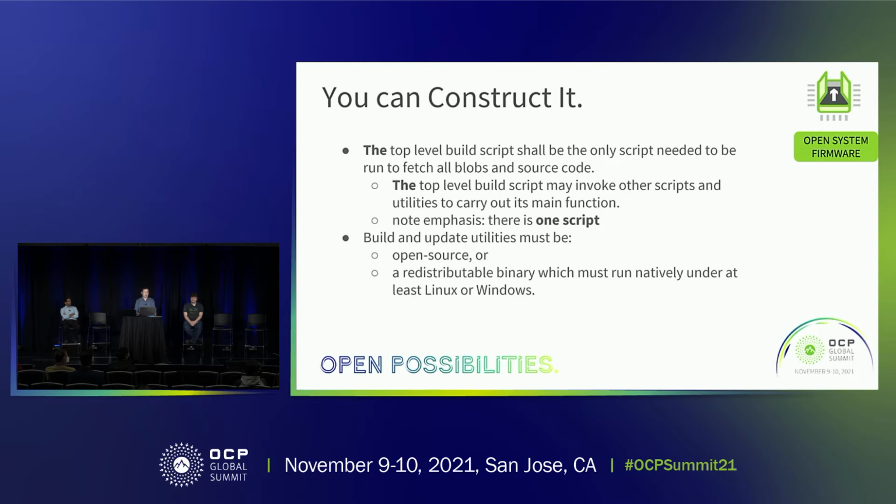The emphasis here is there's only one script so that it's easy for people to construct. The build and update utilities must also be open source so people can do the build and do the update, and they must be a redistributable binary which must run natively under at least Linux or Windows.